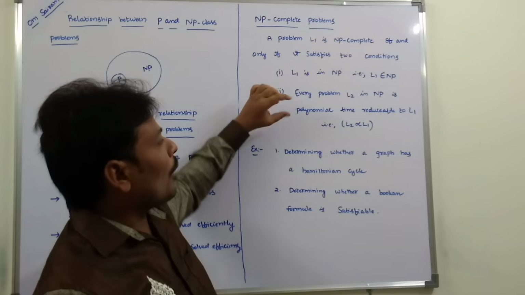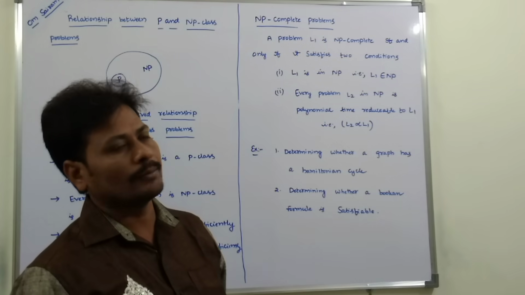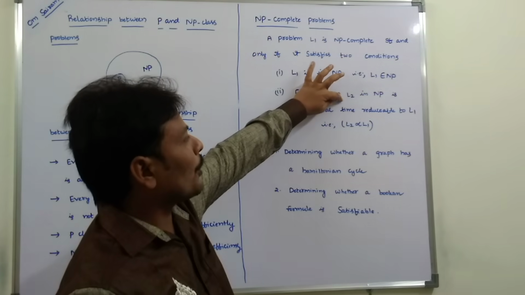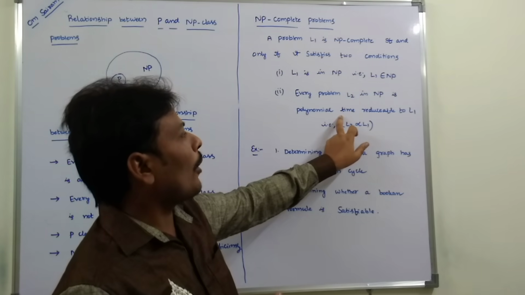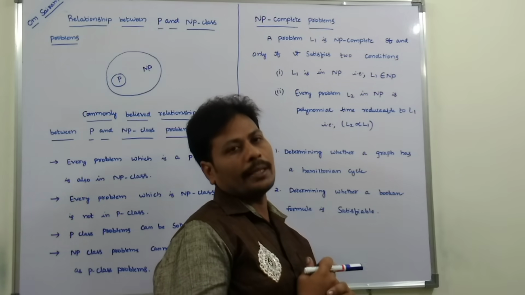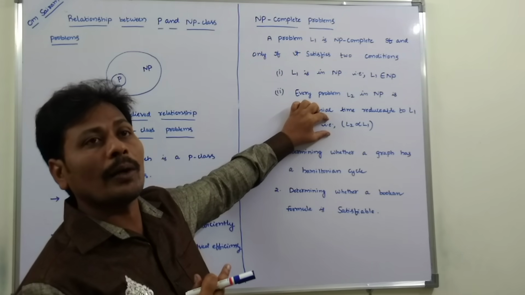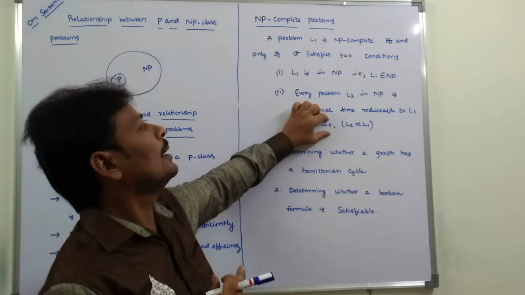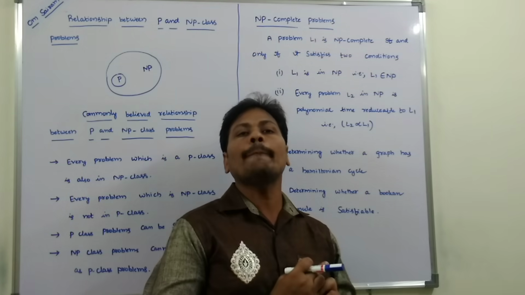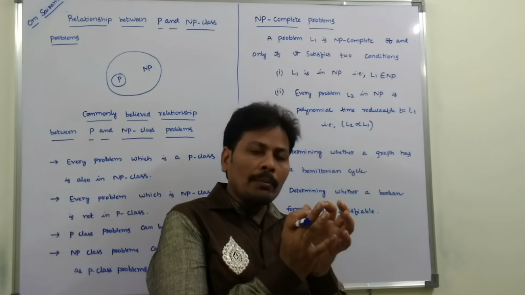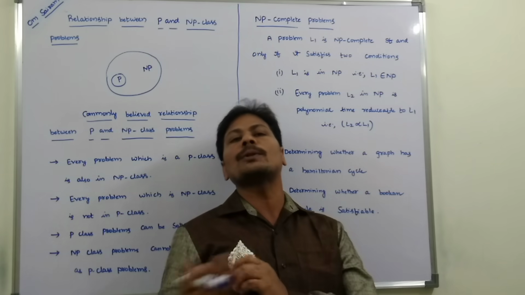So how can we say that L2 is polynomial time reducible to L1? Now we take a problem L2. This problem L2 is polynomial time reducible to L1 if there is an algorithm that can solve problem L2 in polynomial time, and that can be reduced to L1.